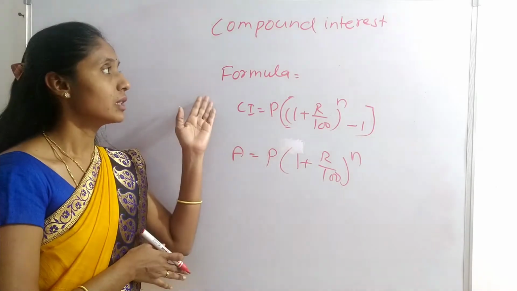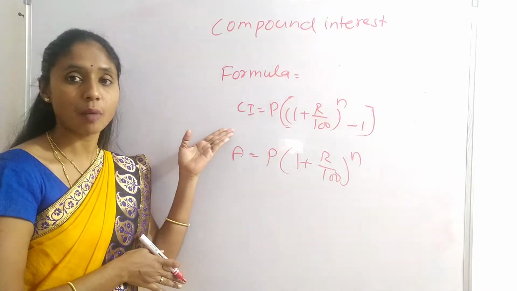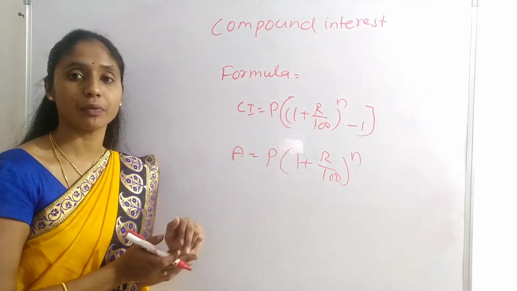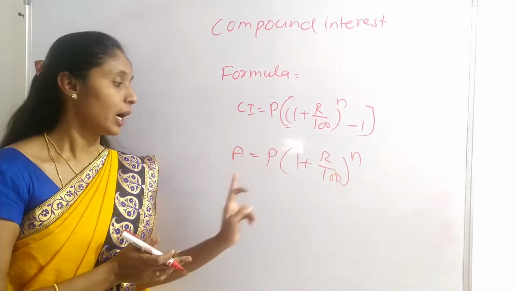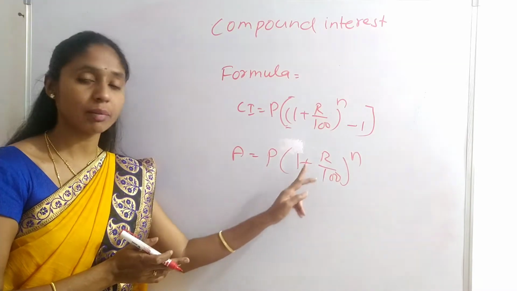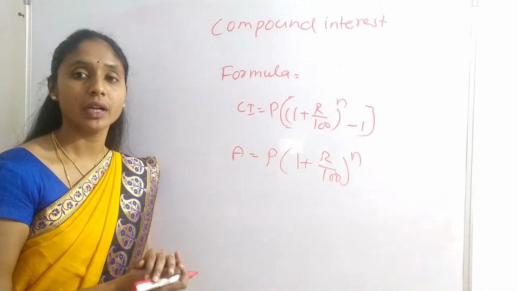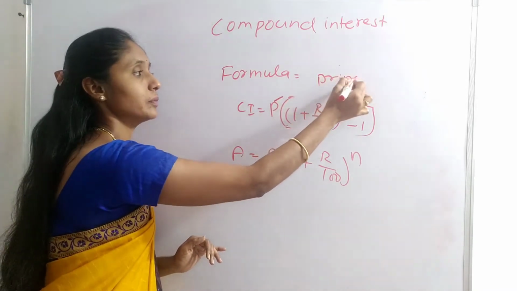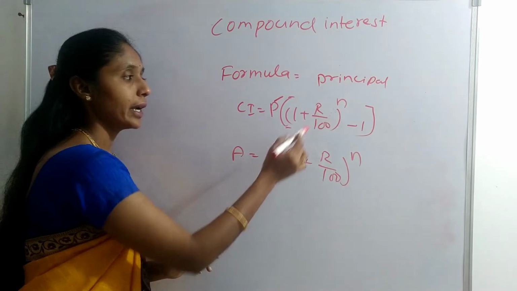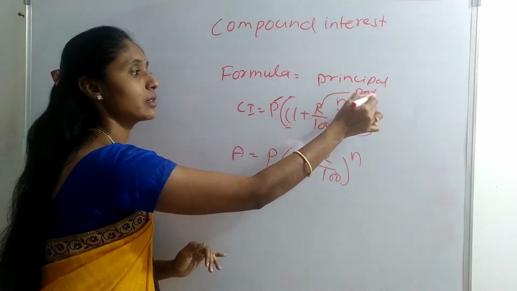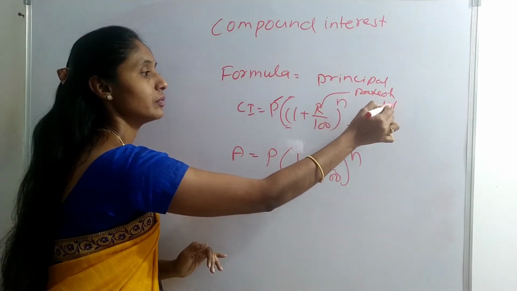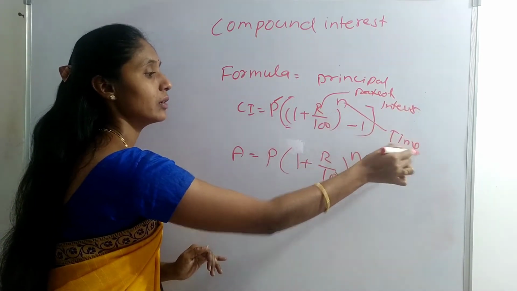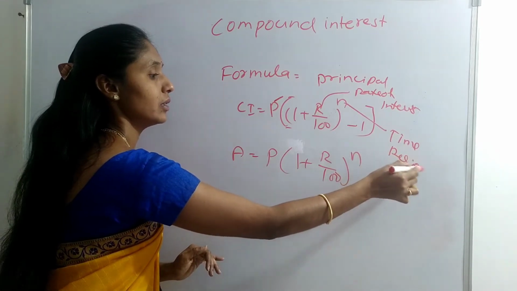Okay friends, this is the basic formula for compound interest. That is P into (1 plus R by 100) whole to the power of n, minus 1. And this is the amount: A equals P into (1 plus R by 100) whole to the power of n. In this, P indicates the principal amount, R the rate of interest, and n indicates the time duration or time period.